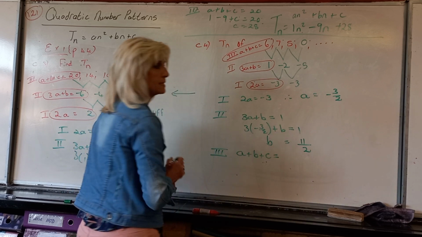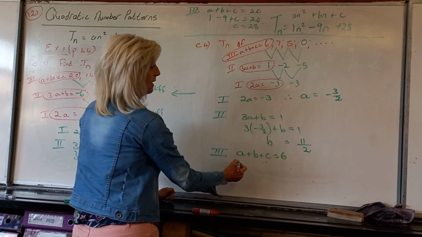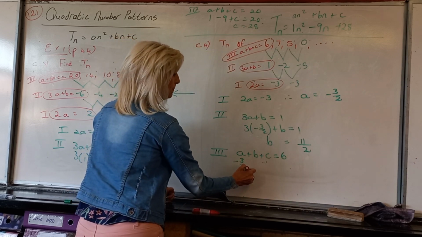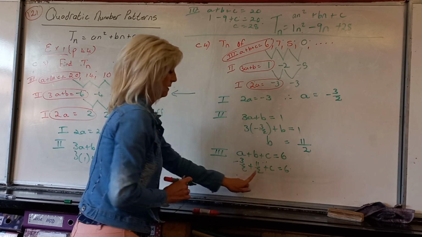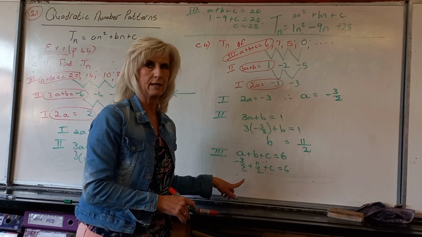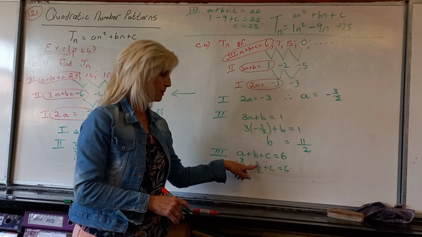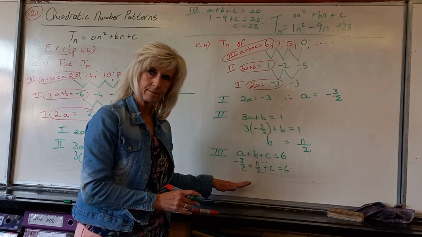Number 3, a plus b plus c is equal to the first number there, which was 6. The a was negative 3 over 2 plus 11 over 2. And because I left it in that fraction form, it's easy for me to do it without the calculator, because that'll be minus 3 and plus 11 giving me 8 over 2, which is 4.